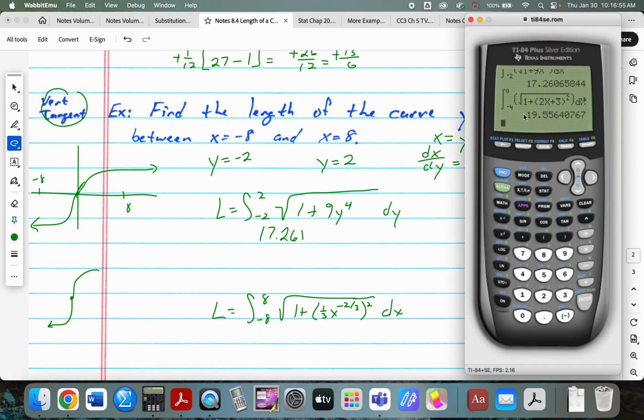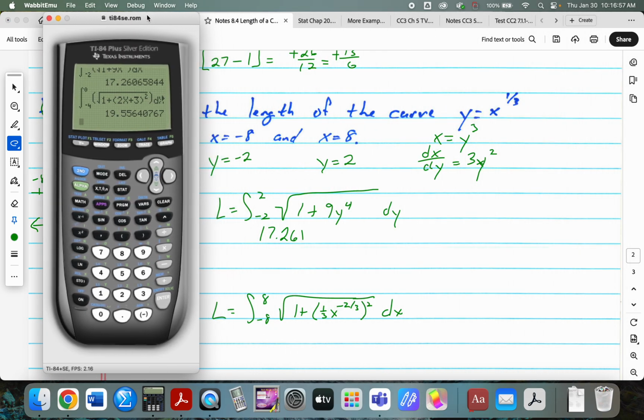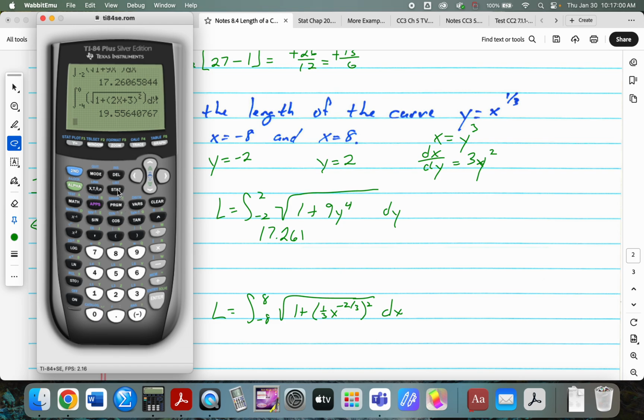So if we try to put that into the calculator, I'm not entirely positive, but I think it explodes. So we'll do math 9, the integral from -8 to 8 of the square root of 1 plus 1/3 x, oh, need to insert a parenthesis there.